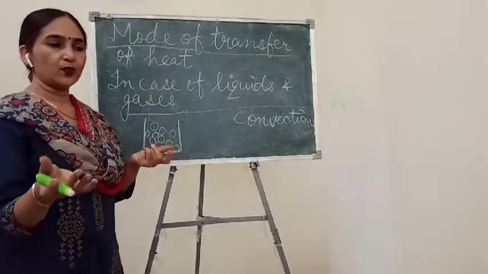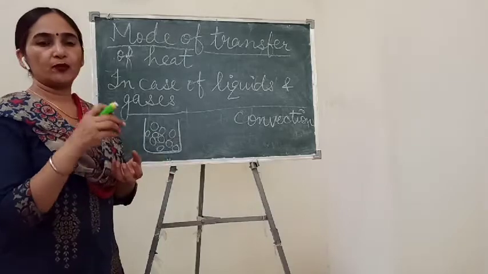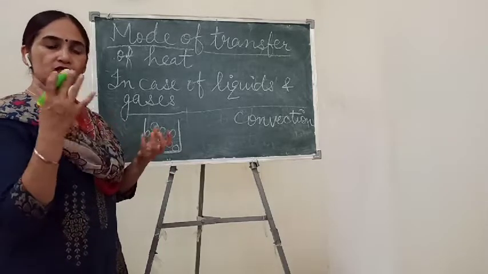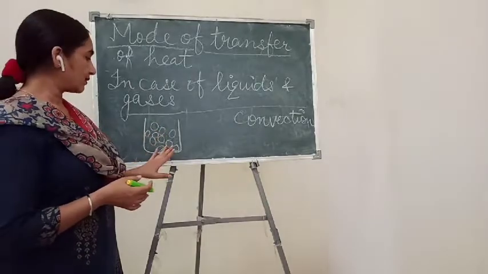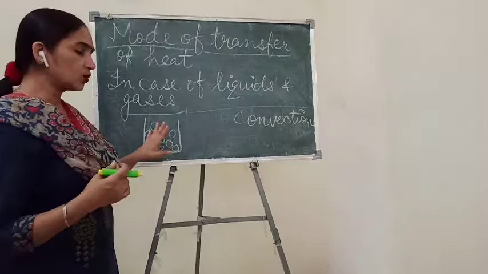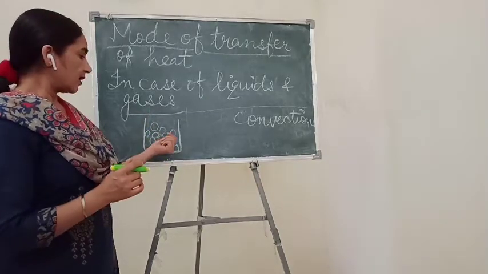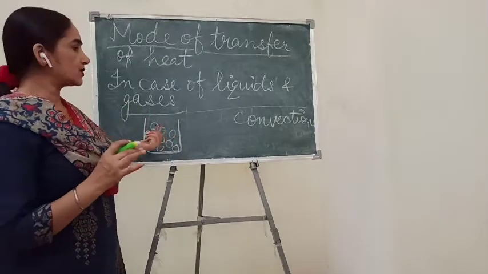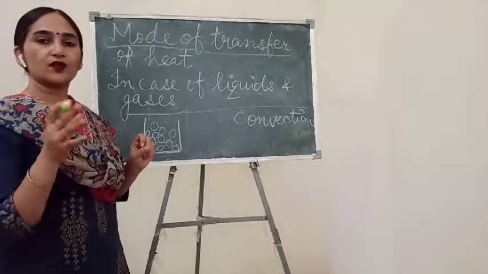When we put liquid in a tumbler, it takes the shape of the tumbler. When we put it in a bowl, it takes the shape of the bowl. Due to this molecular arrangement, liquid shows the convection mode of heat transfer.